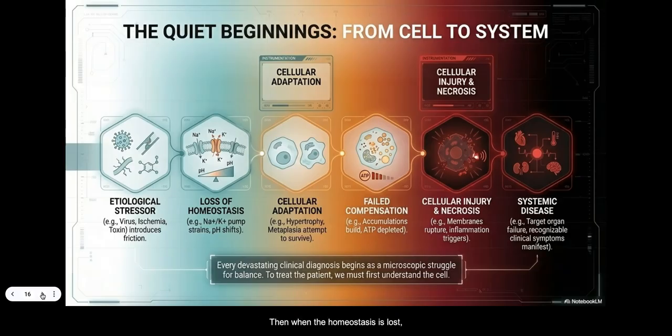Then, when the homeostasis is lost, the cell attempts to adapt. But if the compensation, its adaptation, fails, injury and necrosis will occur. Only then does it manifest as a systemic disease with recognizable clinical symptoms.